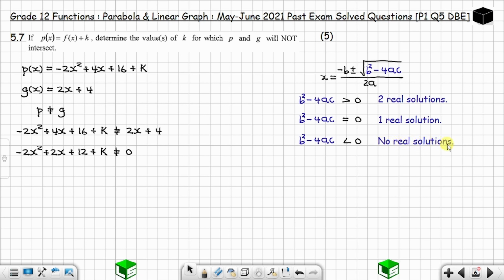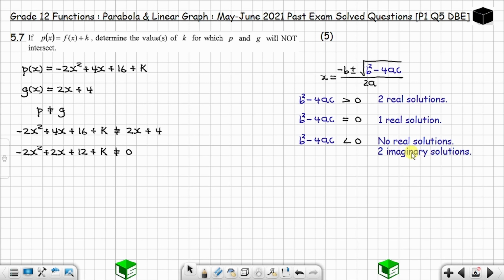But you have two imaginary solutions. For these two imaginary solutions, forget it. This is not the scope for grade 12 mathematics. For now, don't stress about this.